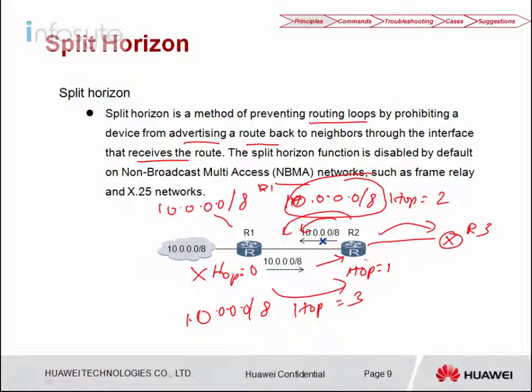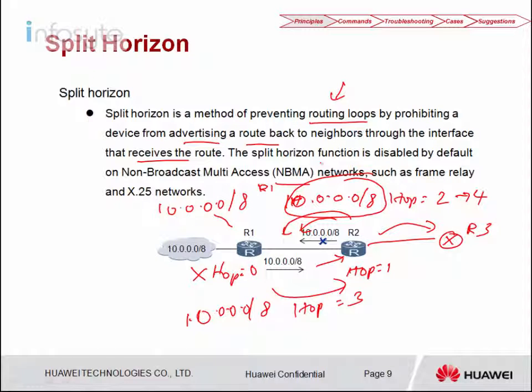Now R2, upon receiving it, looks at the update and the next hop is R1. It is going to add 1 to become 4, because I received 3 from R1, I'm going to send to R3 as a hop of 4, and I'm going to send this information to R1 as a hop of 4, and that is where the loop happens.